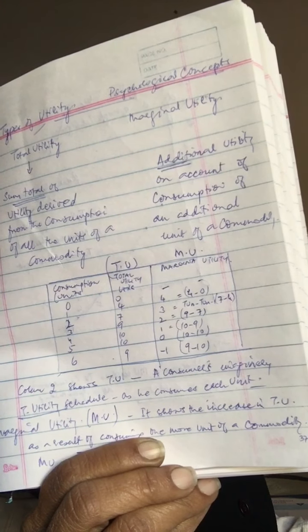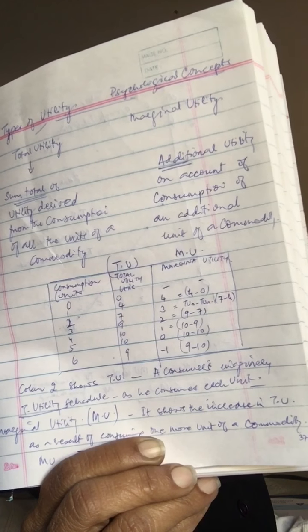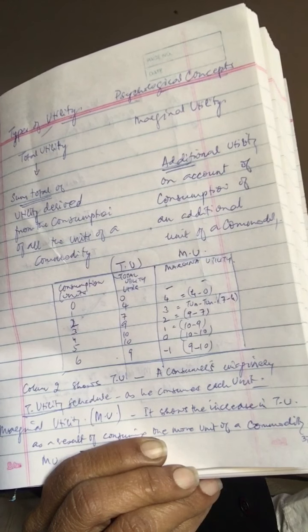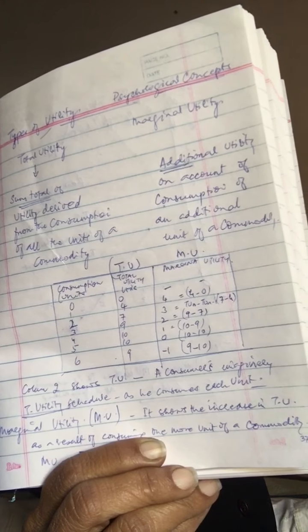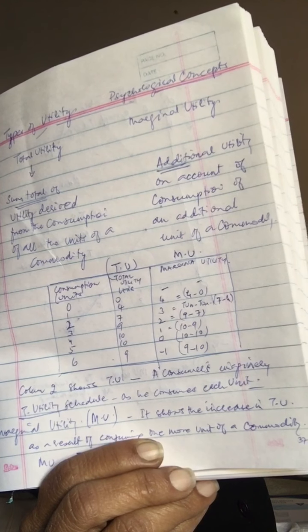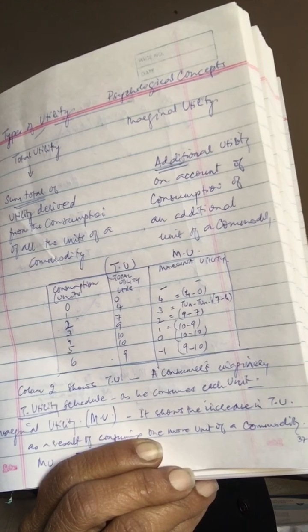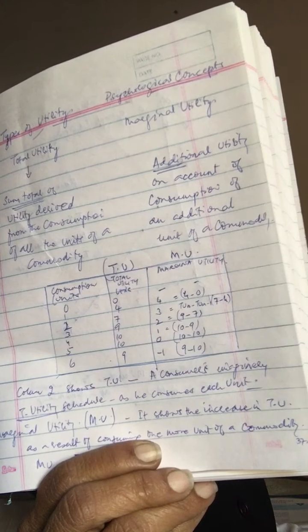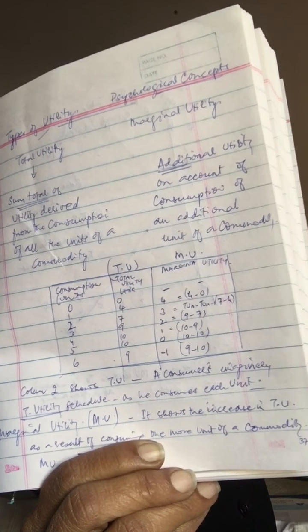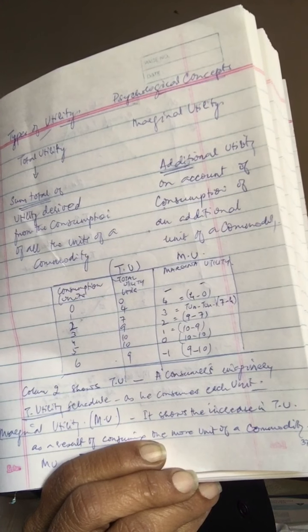When he takes the fourth glass of water, he gets 10. His thirst has been quenched. He's satiated. When he takes another, a fifth glass of water, the marginal utility is simply 0, no utility. And maybe when he takes a sixth, he's ready to throw up. It's like it goes negative.